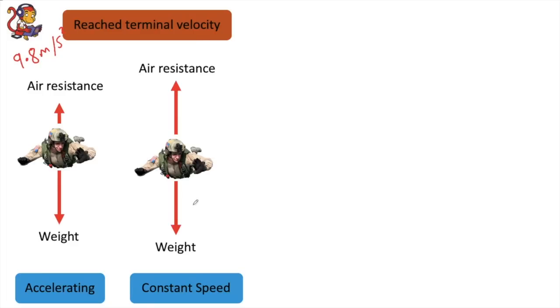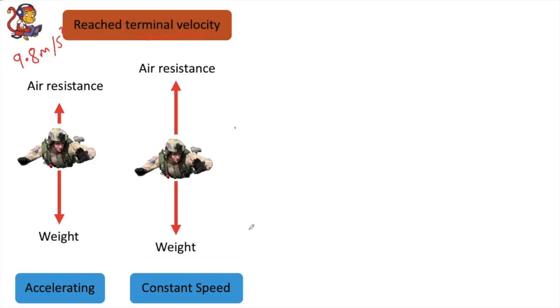So fluids are liquids and gases like air. If you are falling through a liquid or a gas like air, then you are said to reach a terminal velocity, which is your final velocity. You can't go any faster than that at the point that your weight is balanced by the air resistance.